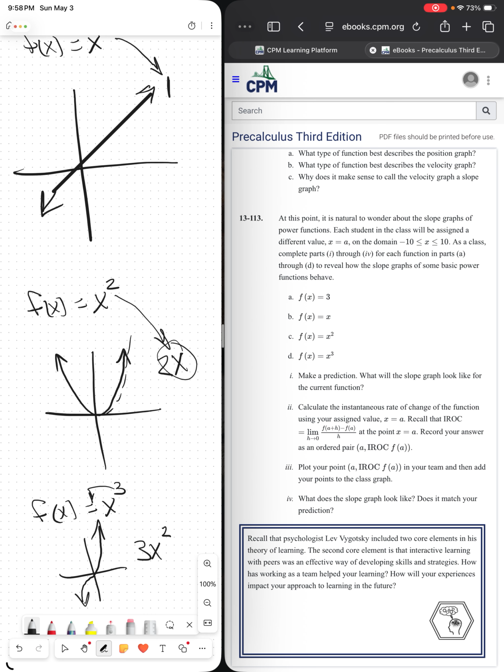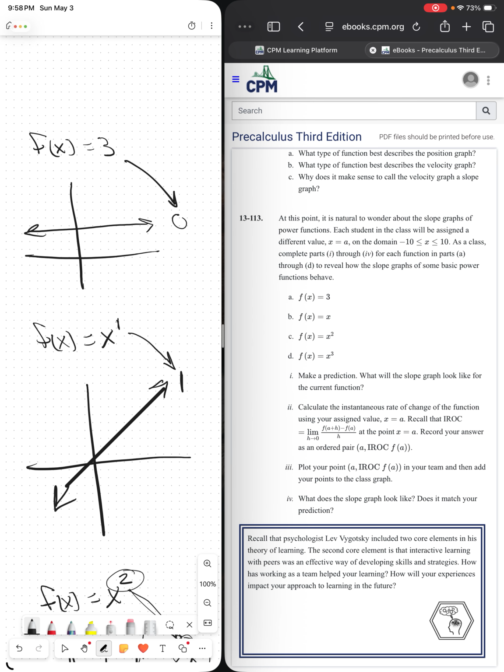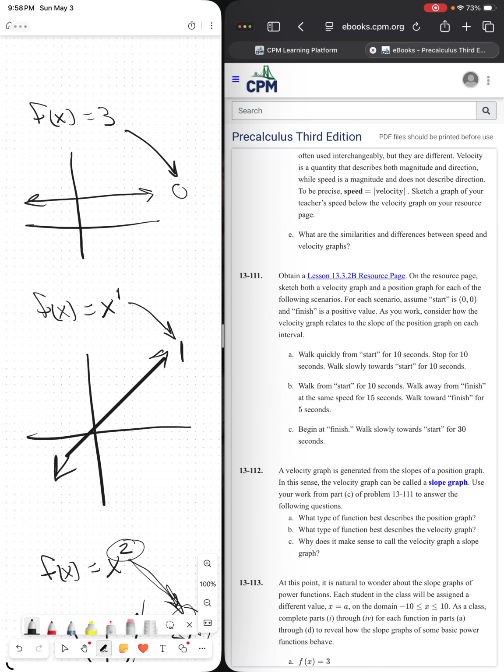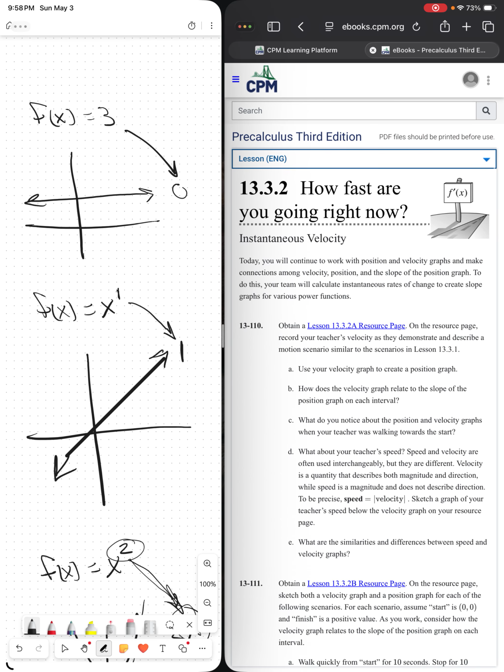But you get the idea. Your degree should go down to your slope. 3 goes to 2, 2 goes to 1, 1 goes to a constant, a constant goes to 0. Okay, and that is lesson 13.3.2.